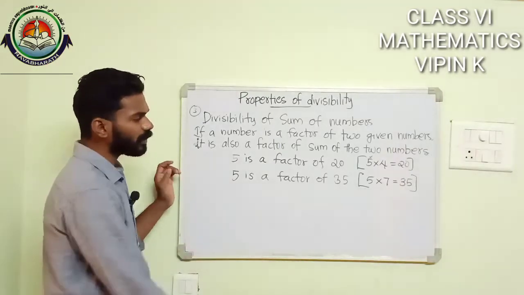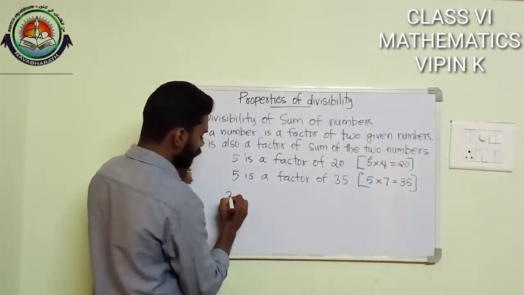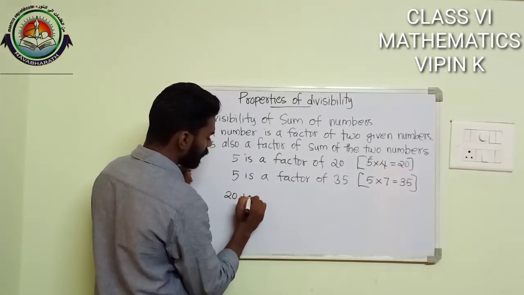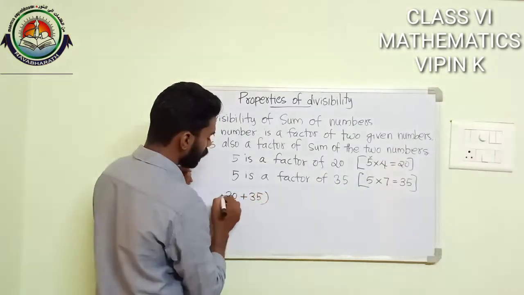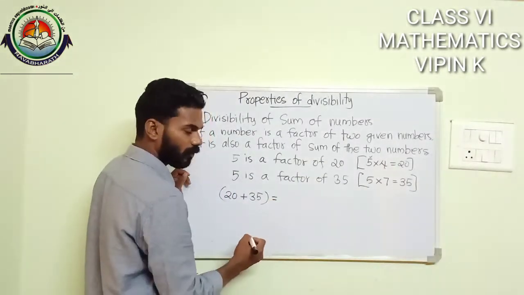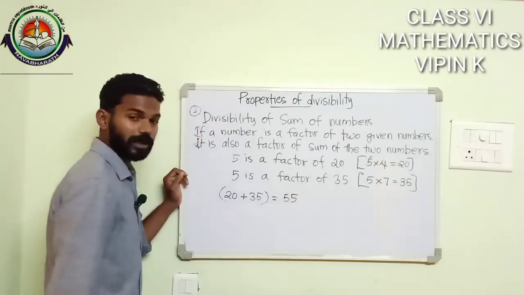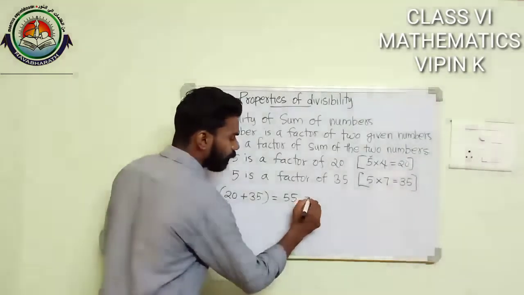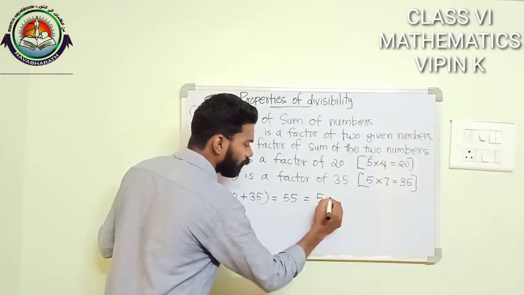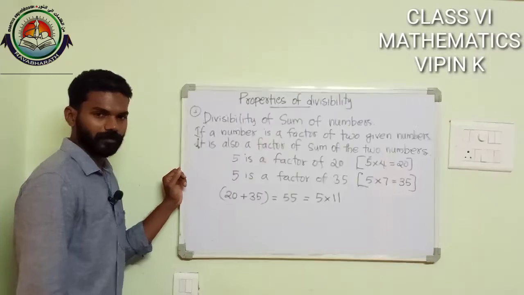Now I am going to consider the sum of these two given numbers, which is 20 plus 35. Now what would be the answer? 20 plus 35 would be 55. And you know that 55 can be written as 5 into 11. 5 elevens are 55.